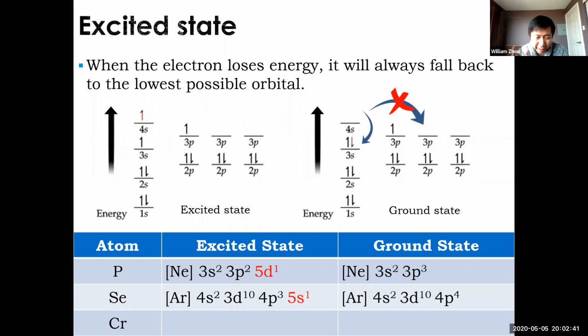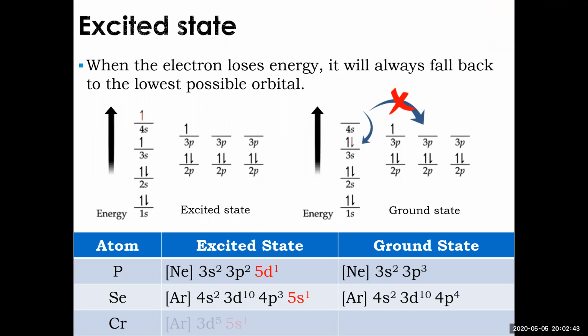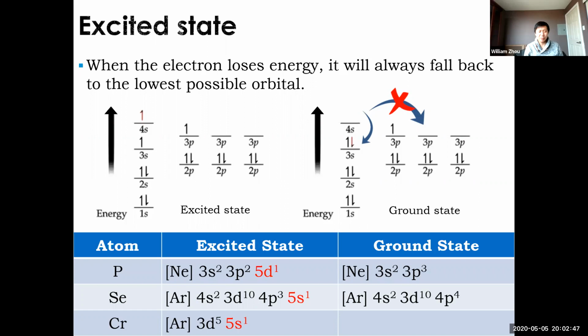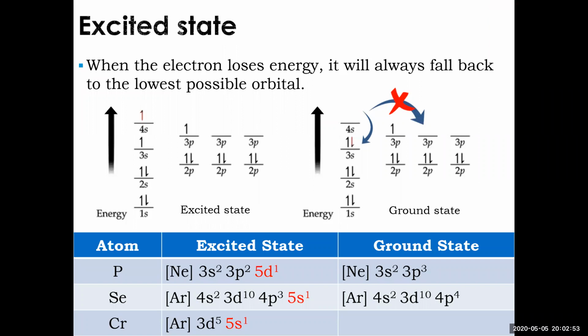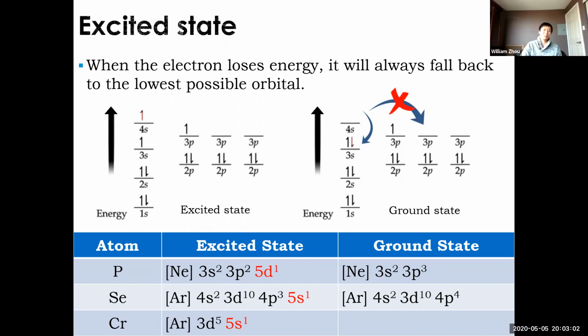Okay, you're getting the hang of this? Last one, chromium. If I give you this, 3d5, 5s1, where would that s drop to? 4s. Oh, you guys are good. Yes, it's 4s.